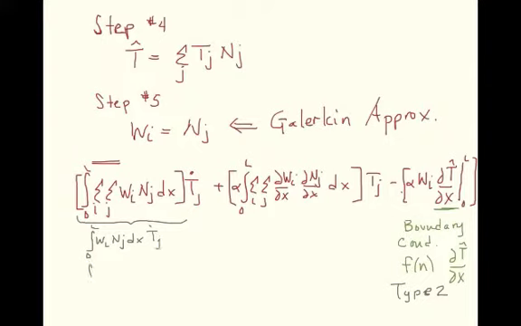It can be written as the integral from 0 to L of Ni Nj dx times Tj. Or it could also be written the one other way. So I'm going to say this is A, B, one other form that you're going to find. And I write these because this is what you'll find in the literature and in other books. Phi i, phi j dx, Tj. These are all equivalent.